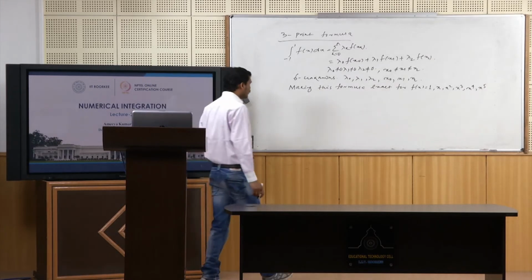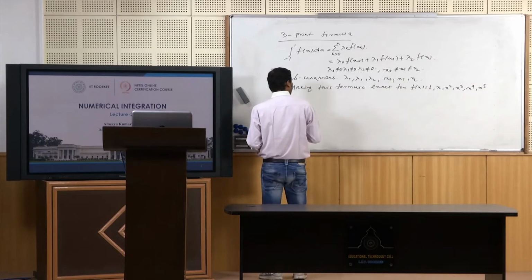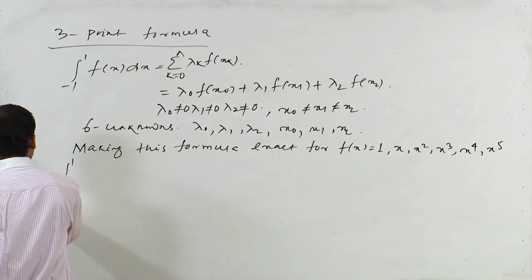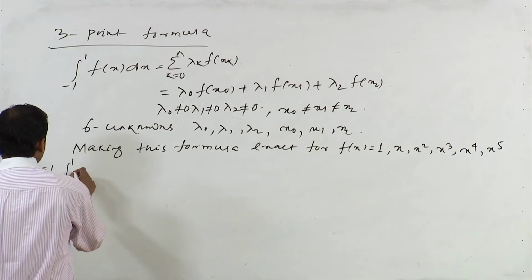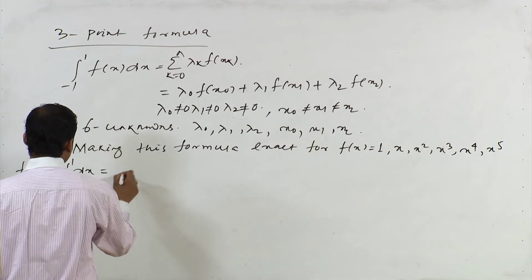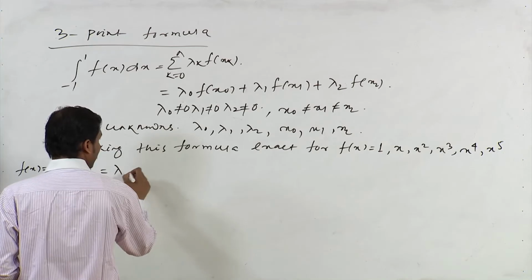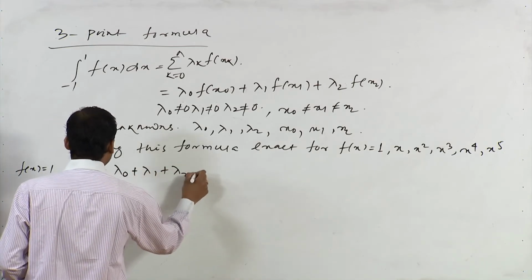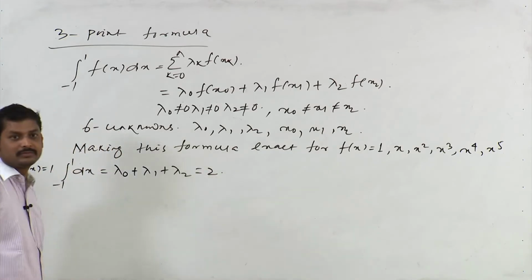So if you put all these values, then we can obtain these values. For f of x equals 1, the integral from -1 to 1 of dx equals lambda 0 plus lambda 1 plus lambda 2, this equals 2 here.